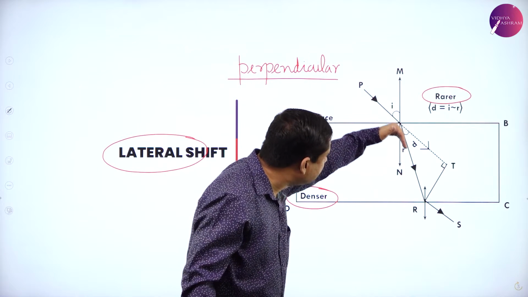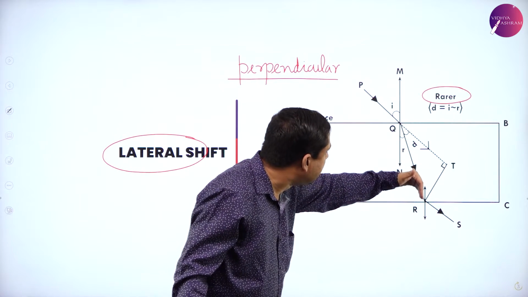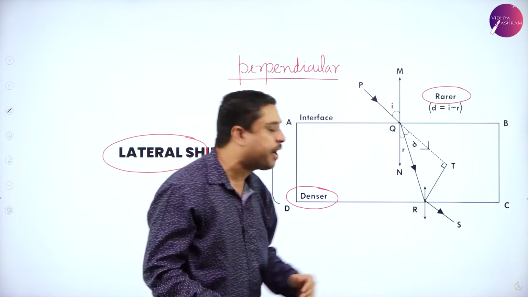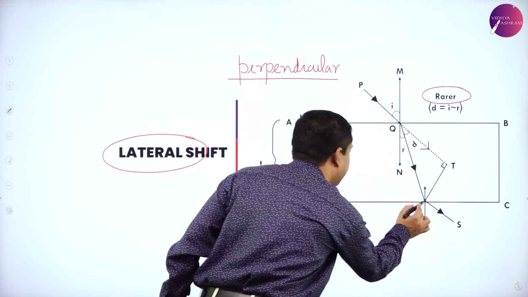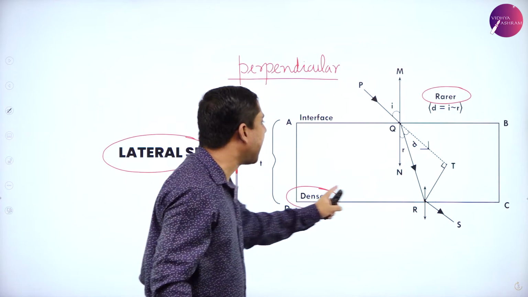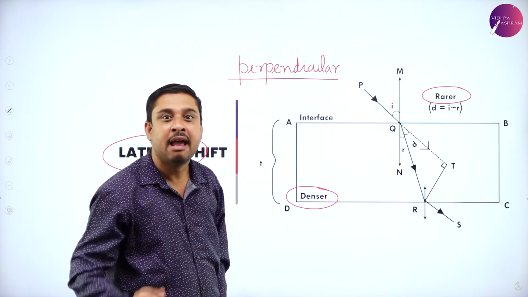So light is bent along QR, which is now incident on the surface DC.